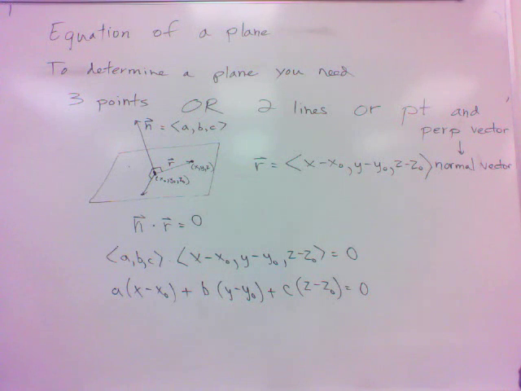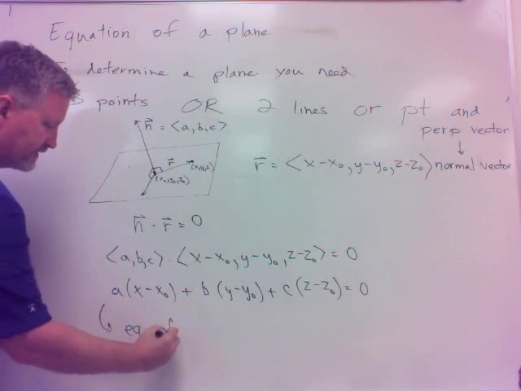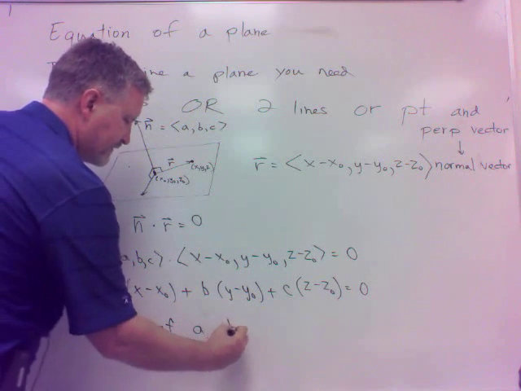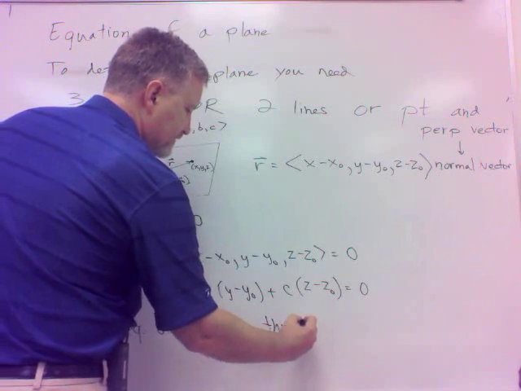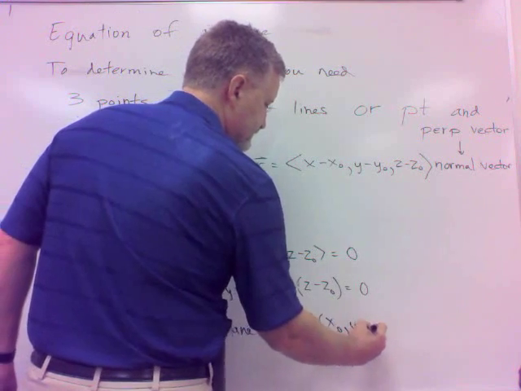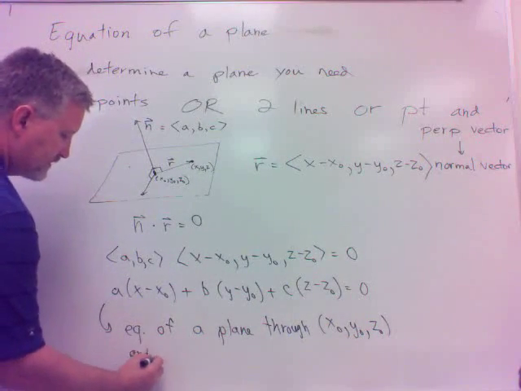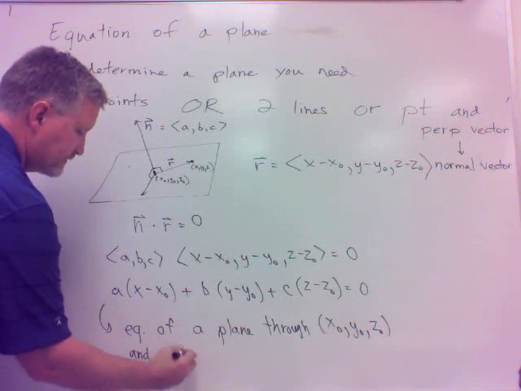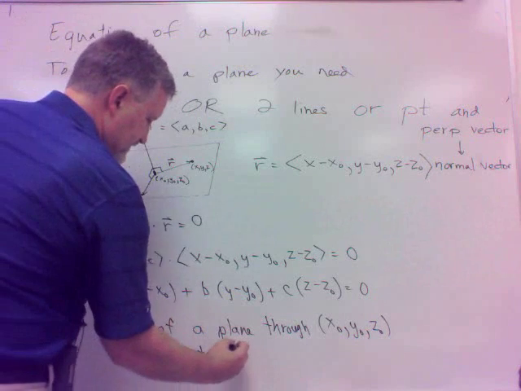That's right. So this right here is the equation of a plane through the point x0, y0, z0, and perpendicular to this normal vector ABC.